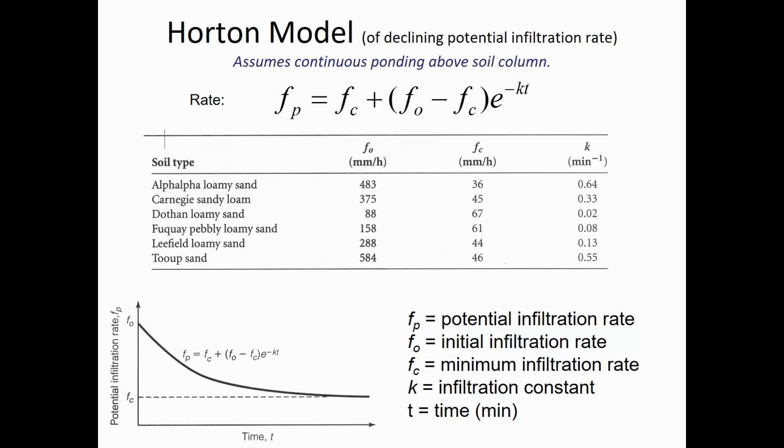It's as low as it gets. And then the initial infiltration rate, and then it tries to connect the two with a curve. So the intercept is the starting infiltration rate. F sub C is like the gravity infiltration rate after all of the suction is exhausted and it's just flowing downward due to gravity. And then as a function of time it uses this K value to connect the two.